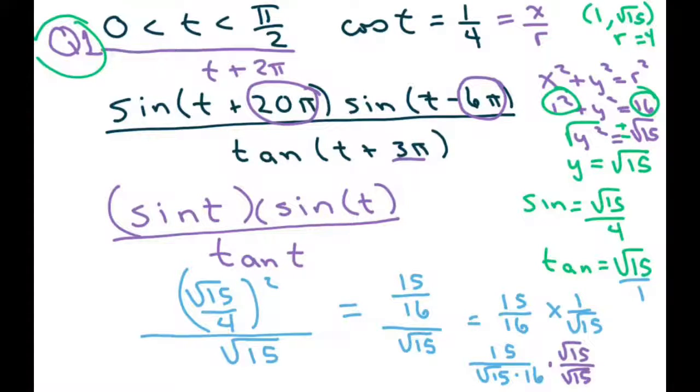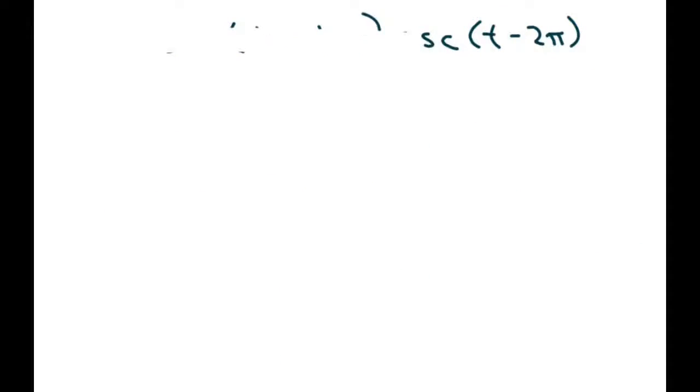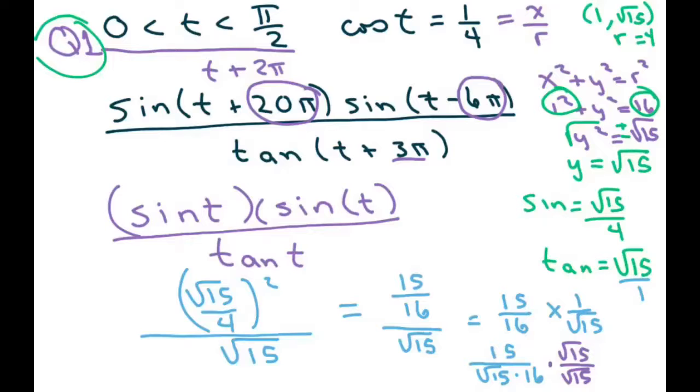I'm going to go ahead and work on the other side, even though I have something written there. I'm going to erase this real quick, and I'll write it out later. So basically what we have is 15 over square root of 15 times 16.